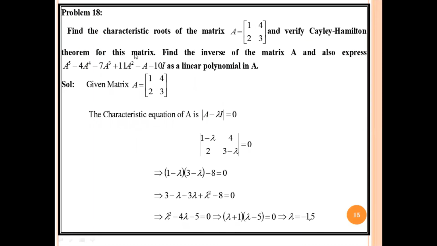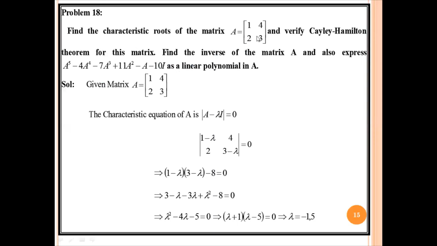Similar to the next problem also, similar to the previous one. Find the characteristic roots of A. So first of all, we have to find the characteristic roots also, an extra condition, and verify Cayley-Hamilton theorem for this matrix. Find the inverse of the matrix A, and also express this in the form of a linear polynomial in A, right?